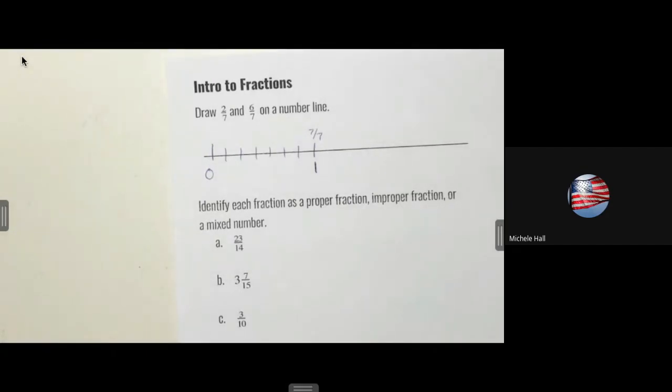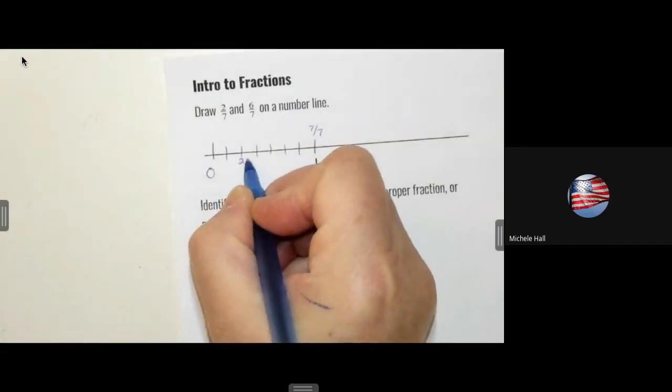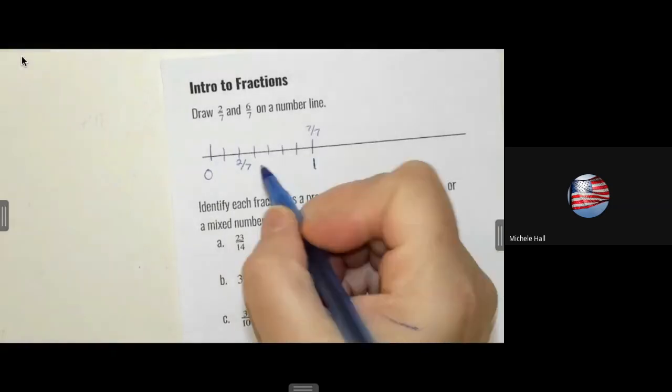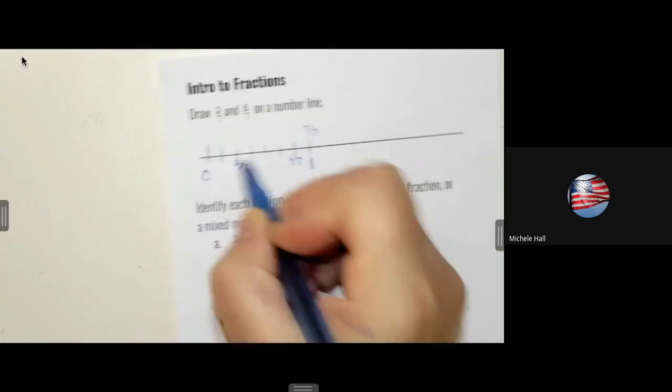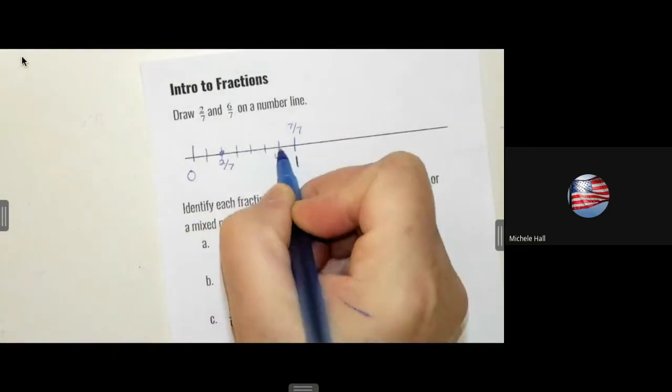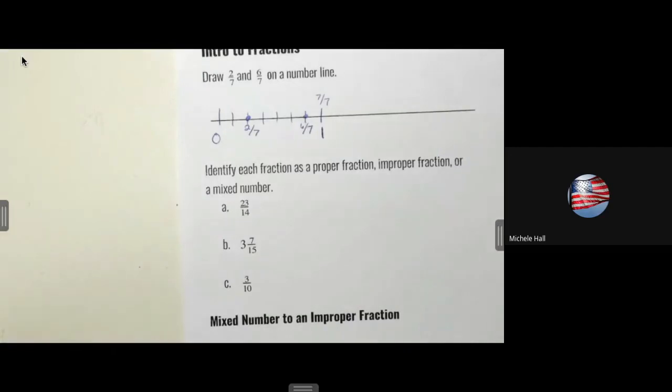Now I need to identify 2/7 and 6/7. 1/7, 2/7, 3/7, 4/7, 5/7, 6/7. I've identified on the number line where those two fractions are. And I will be counting places.